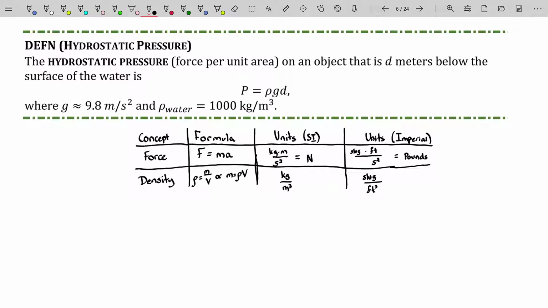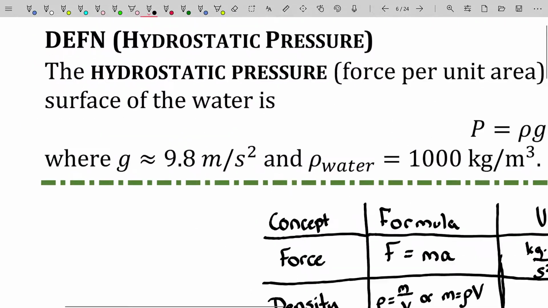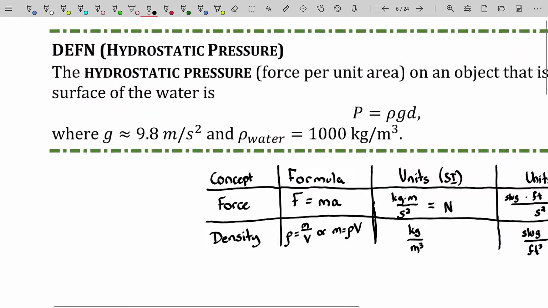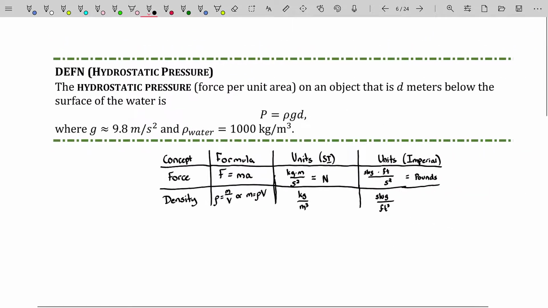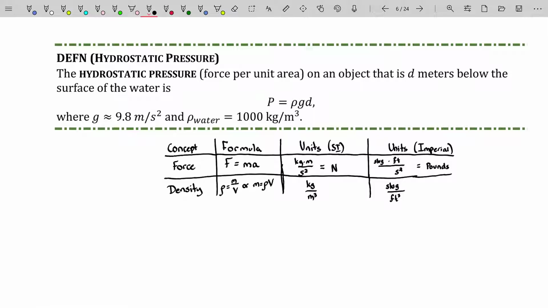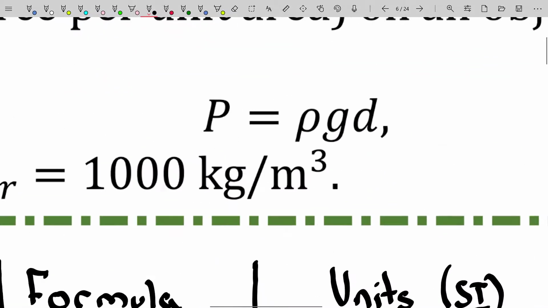And so that's really what hydrostatic pressure is all about. The hydrostatic pressure, which is force per unit area on an object that is d meters below the surface of, and I say the water, but really it's of the fluid, is given by this formula right here.